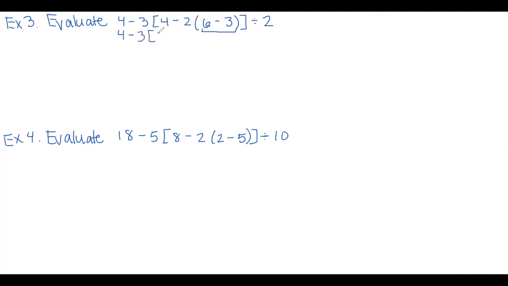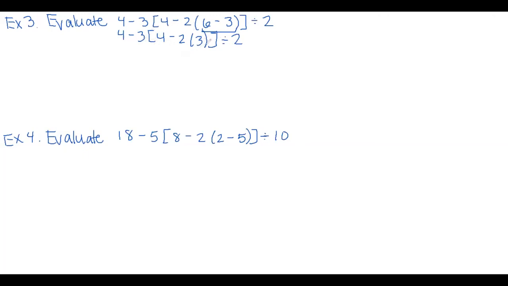For most of this, we're going to be rewriting the same stuff, so make sure you don't skip any steps. Some people try to work down and then bring stuff down, and it gets confusing. So in these parentheses, we have 6 minus 3, which is 3. We're going to keep that bracket and keep our divide by 2.